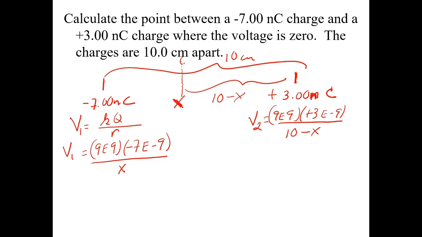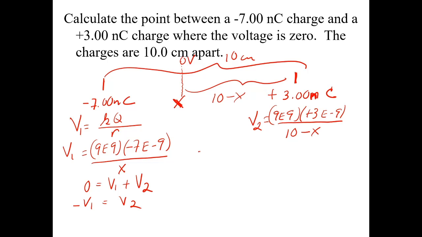We want the voltage there to be no volts. We want the effect of the negative charge to exactly cancel the effect of the positive charge. So 0 is V1 plus V2. Or what we could say is negative V1 is equal to V2. And let's see what happens here.